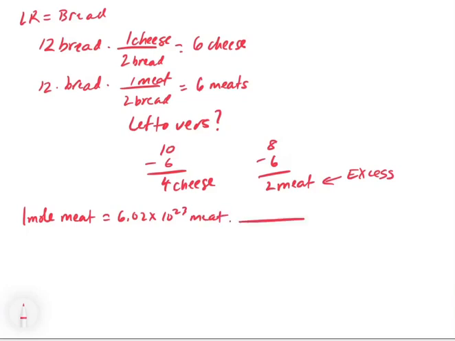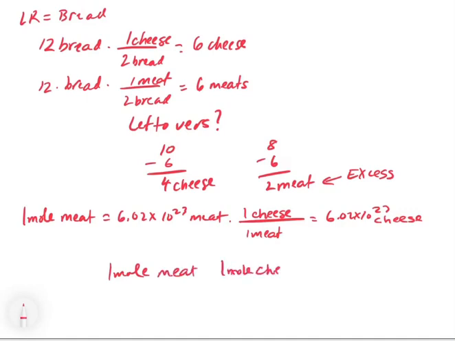Using our ratio, for every 1 meat, we have 1 cheese, that's going to equal 6.02 times 10 to the 23rd cheese. So in essence, if we had 1 mole of meat, we would need 1 mole of cheese. We could make 1 sandwich. We can make 1 mole of sandwich.